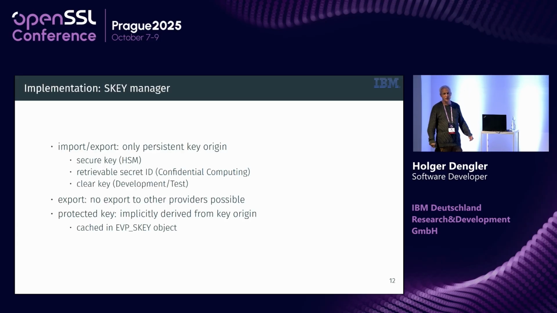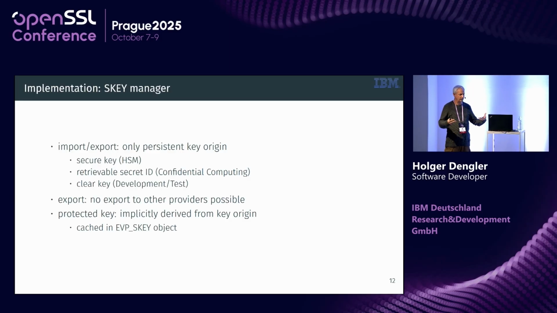Known answer tests also require some kind of known keys. So I think it is a good idea to also support the clear key key origin, so that we can run those tests and make sure that all is working correctly.